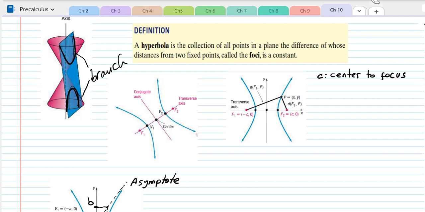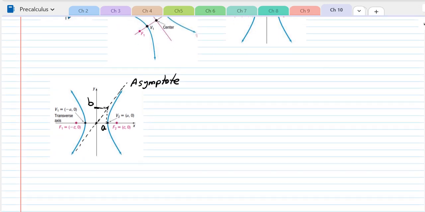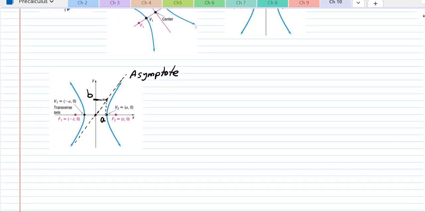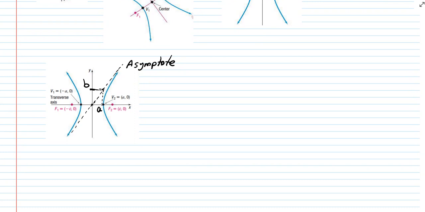Now, let's take a look at this other hyperbola that I have here for you. And for this one, we have the two branches, and this one is a little more in tune with what we need to do. So let me give you the equation for the horizontal transverse axis hyperbola.